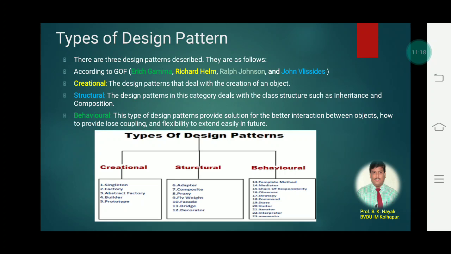Now the next category is behavioral, that is behavioral design patterns. This type of design pattern provides solutions for better interaction, communication, and links between objects, and how to provide loose coupling and flexibility to extend easily in the future. Now the point is, when we are taking different types of objects and establishing relations, sometimes you will have a complex project with a number of objects, instances or classes, and you have to link them.